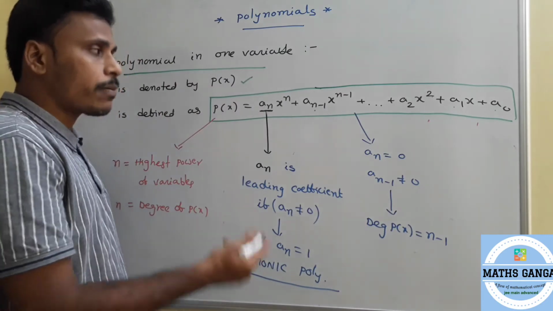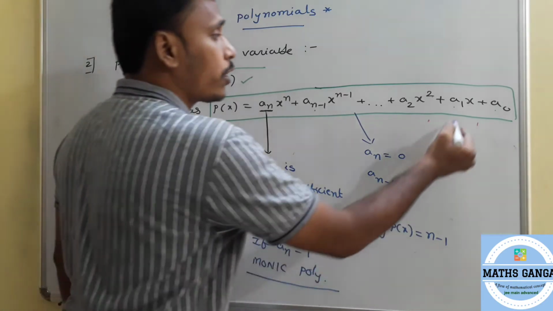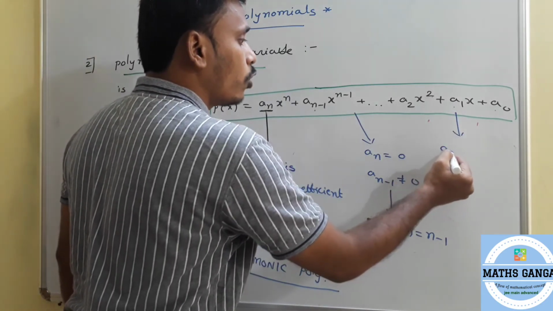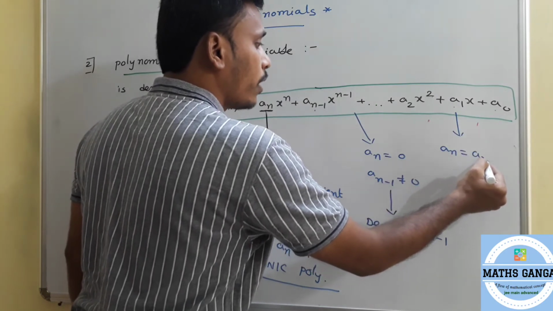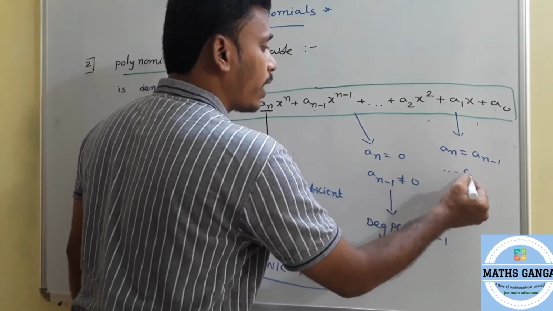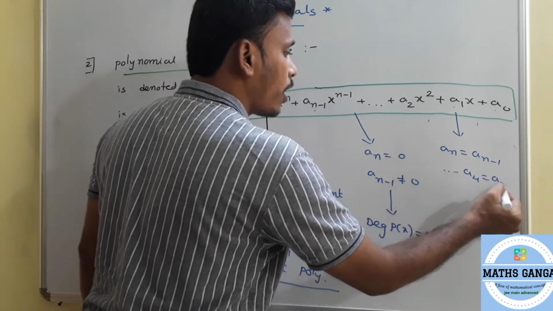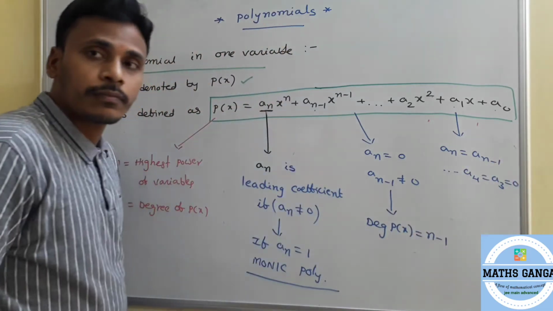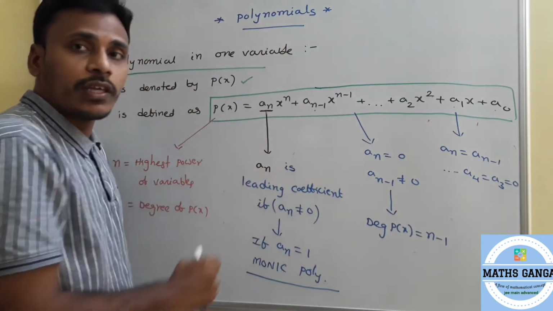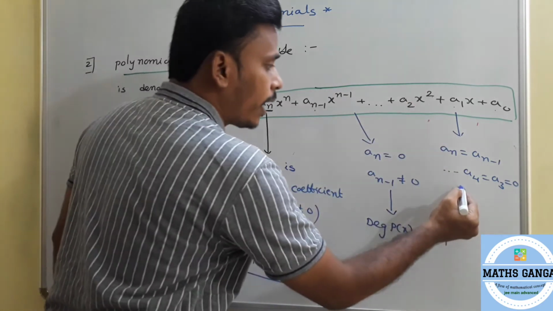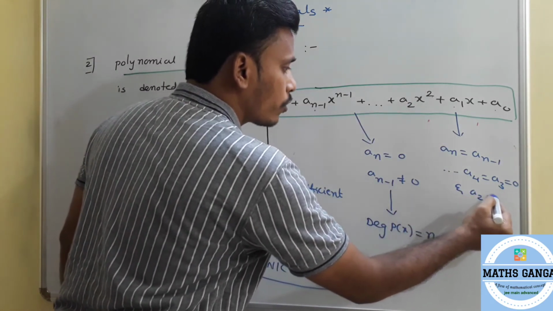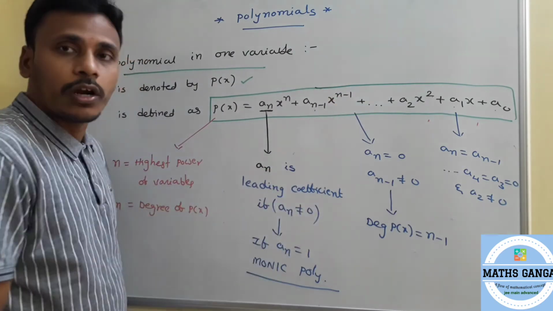Okay? For suppose all these are zeros. For suppose a n is 0, a n minus 1 is 0, likewise a4, a3 and all these are zeros. Up to a3 if everything is 0, and a2 is not equals to 0. All are zeros and a2 is not equals to 0.